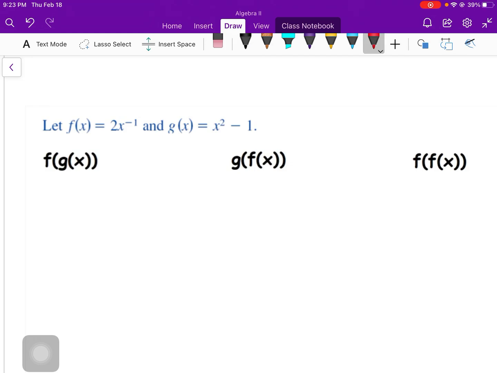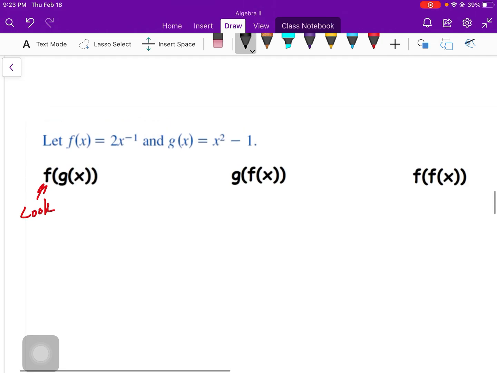Okay, so here's some new functions of f and g. Here's how I'll break it down again. I'm always going to look to the outside function, and it's f. So I'll go f of x equals 2x to the negative first. I'm going to take this x out, and I'm going to replace it with g. So g is x squared minus 1.